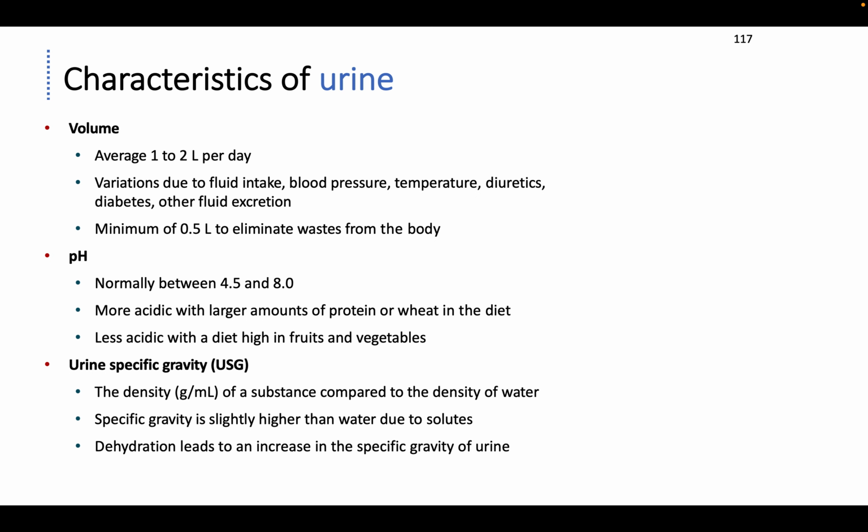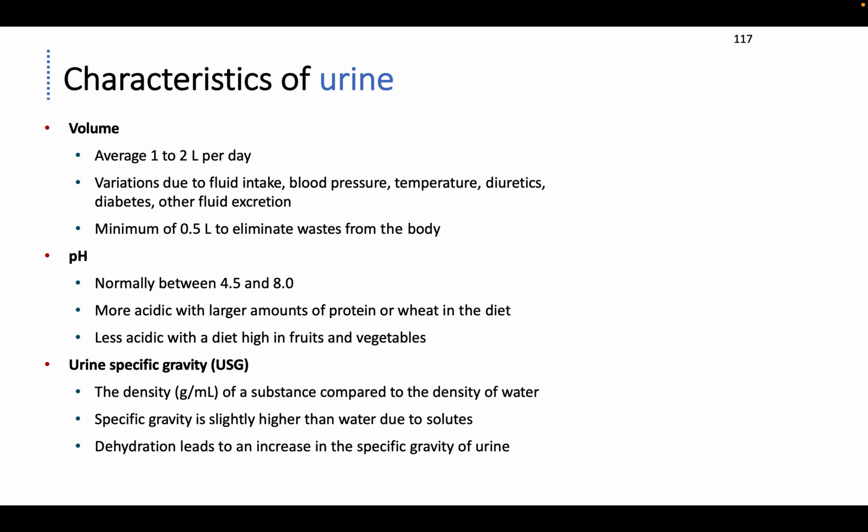Now, if you have SIADH, which is known as syndrome of inappropriate antidiuretic hormone, you have an increased amount of ADH being secreted. And so you have increased reabsorption of water in the DCT and collecting duct. So you're going to have less water in the urine, whereas you would have more solute.